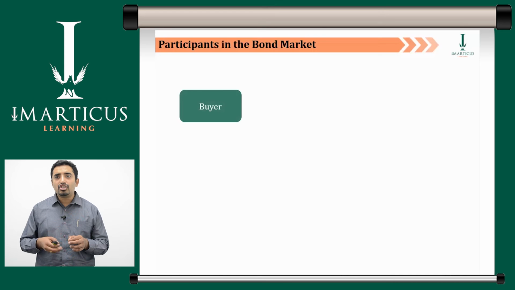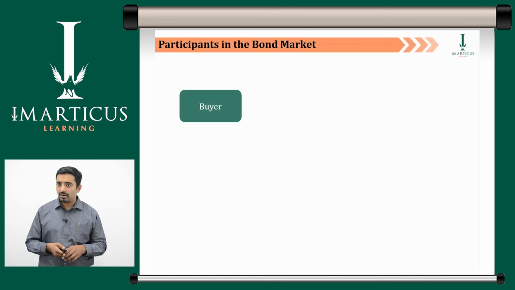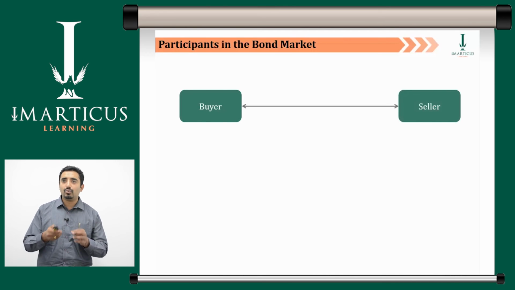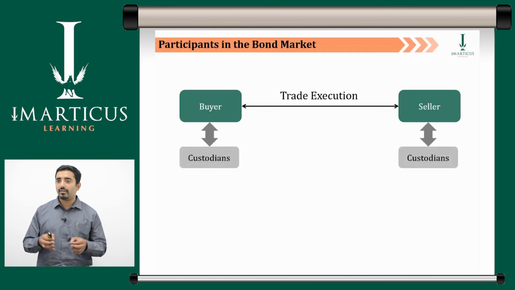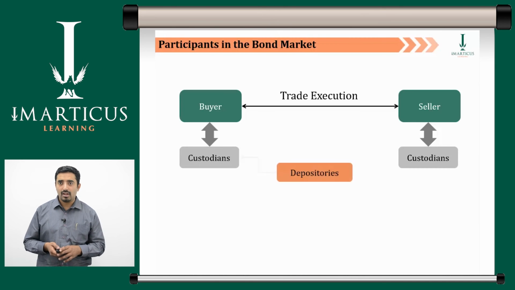The buyer will initiate the trade by placing an order, which once agreed by the seller will lead to a trade execution. Post the trade execution, custodians will be instructed via SWIFT, or electronic messages, to facilitate the confirmation and settlement process.